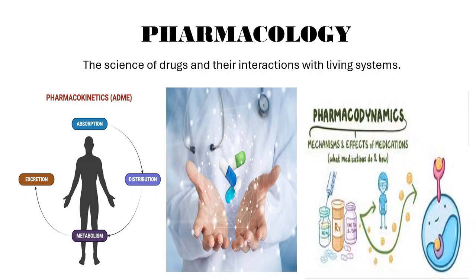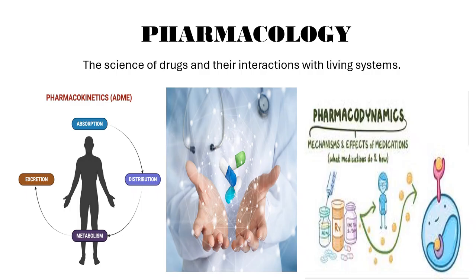Pharmacokinetics means when a patient is taking any drug, how the patient's body is affecting this drug. Suppose a patient takes any drug, there are four things for kinetics: absorption, distribution, metabolism and excretion.